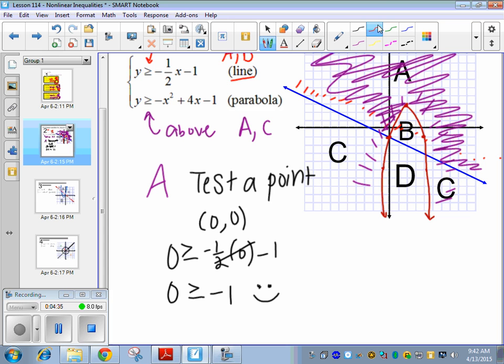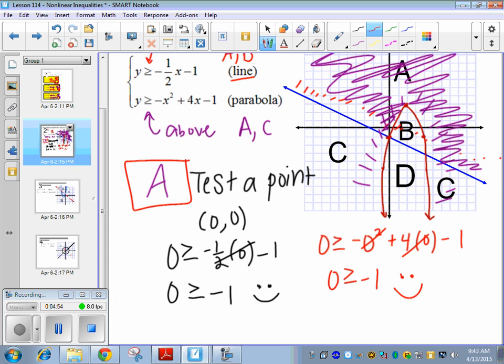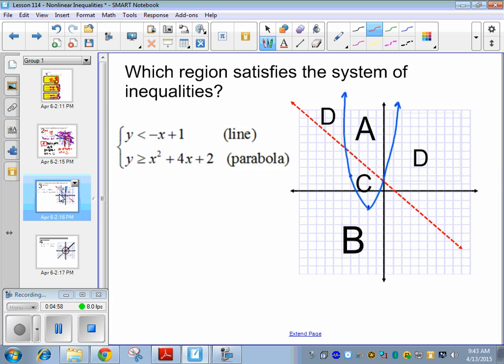Now we plug in 0, 0 for our parabola. 0 goes in for y, and 0 goes in for x. So that's 0, that's 0. 0 is greater than or equal to negative 1? Yes, it is. So it's true. A is correct. We got it right.